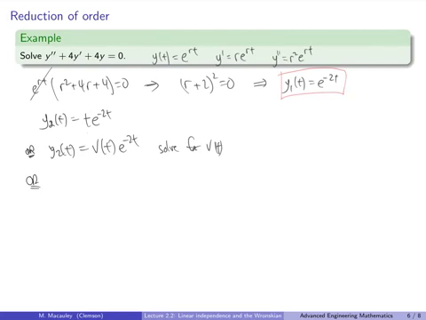So now y2 prime minus y1 prime over y1 times y2 equals the Wronskian over y1, which is e to the negative integral of a of t dt over y1.